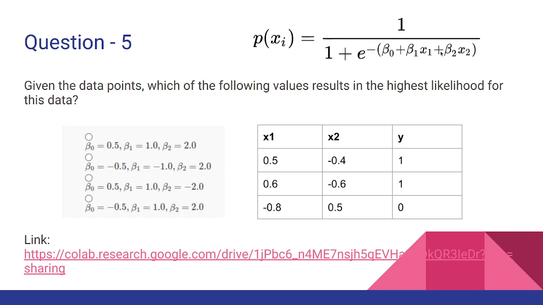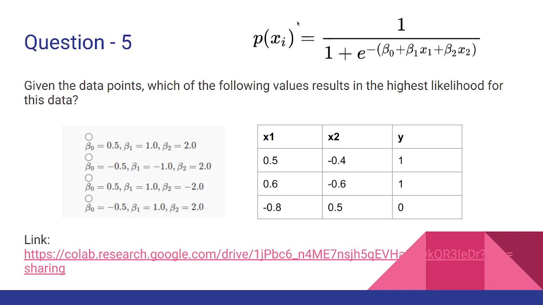For faster calculation I have written a Python code, but it is better to do it by hand because it will be better for your exams. In the exams, you will not be able to write programs. So what you need to do is that at first we need to find p of xi, right? Suppose we have values beta 0, beta 1, and beta 2. Given beta 0, beta 1, and beta 2, we have to find the value of p of xi.